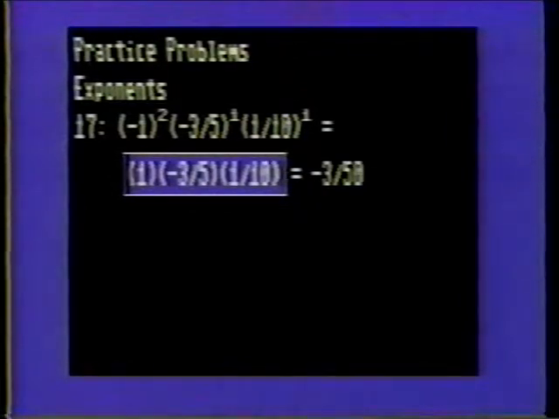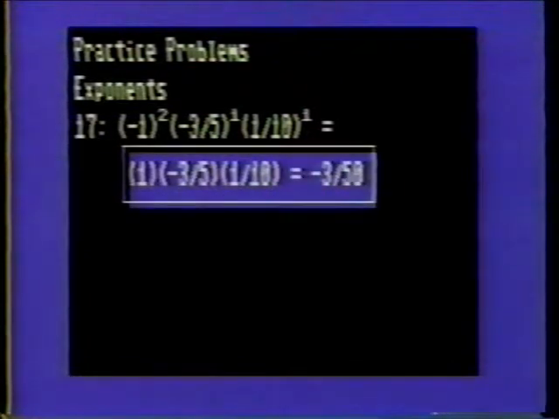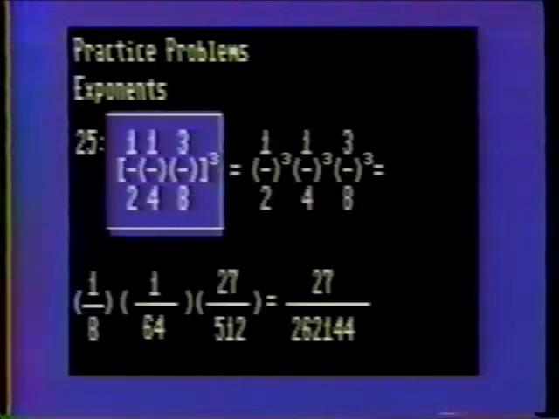Negative 3/5 to the first power is the same as negative 3/5 times 1, which is negative 3/5. And 1/10 to the first power is 1/10 times 1, which is 1/10. 1 times negative 3/5 is negative 3/5, and negative 3/5 times 1/10 is negative 3 divided by 50.